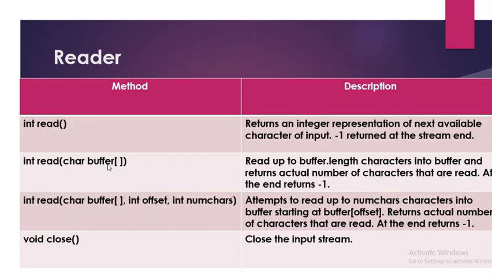So the return value will be 4. That means after executing this method, even though it is reading up to the length of this character array, whatever number of characters it actually reads, that value will be returned. So here it is written that it returns the actual number of characters that are read.